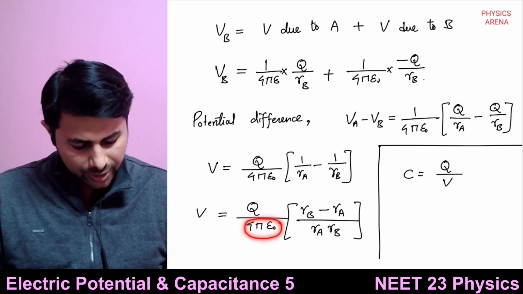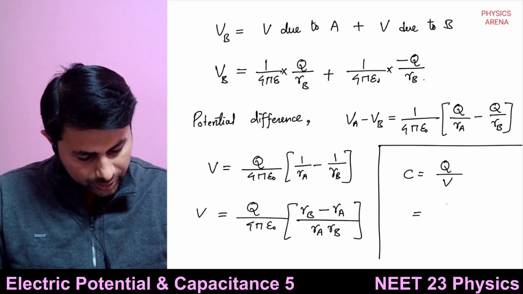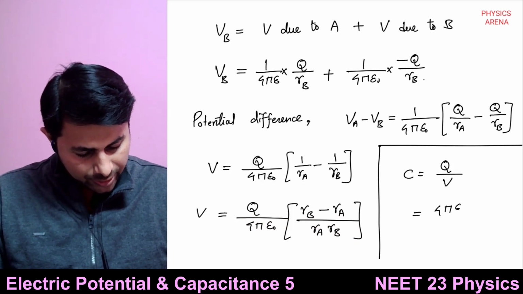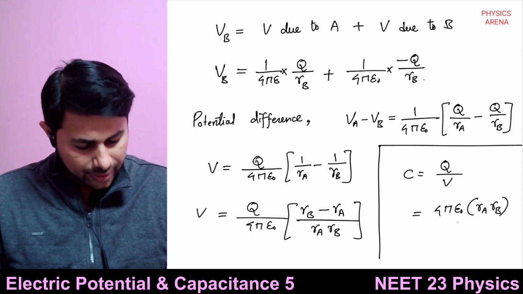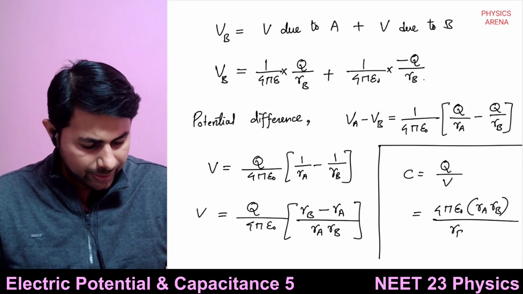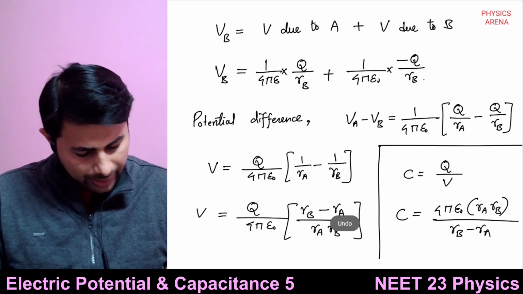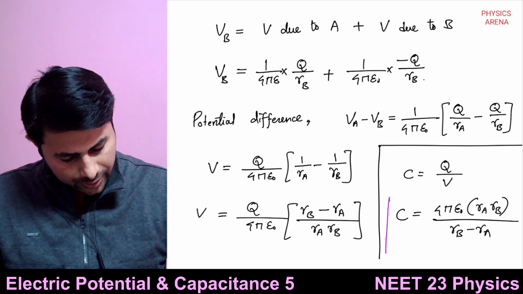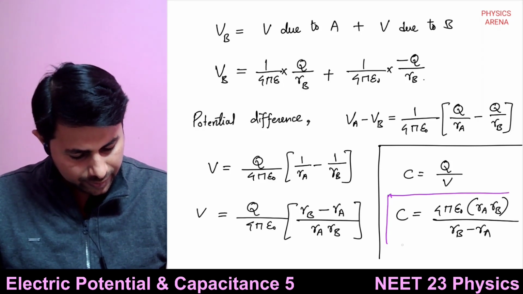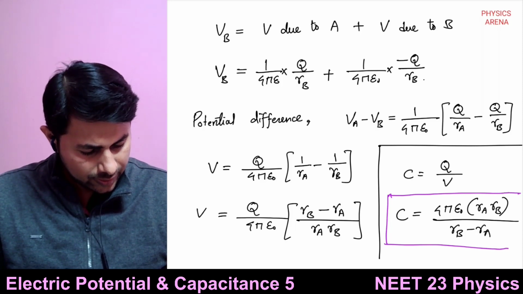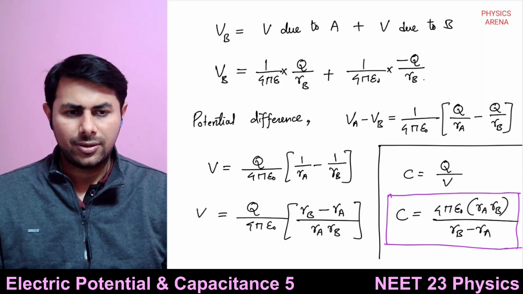So 4 pi epsilon naught RA RB goes to the other side, and capacitance is equal to 4 pi epsilon naught RA times RB divided by RB minus RA. This is the formula for the capacitance of concentric spheres.